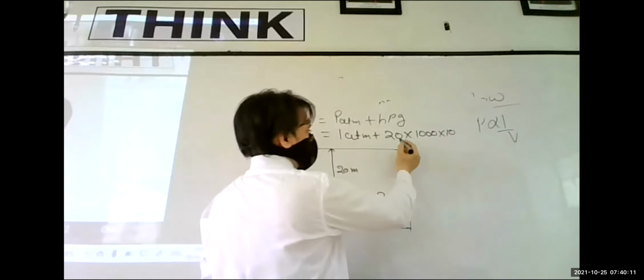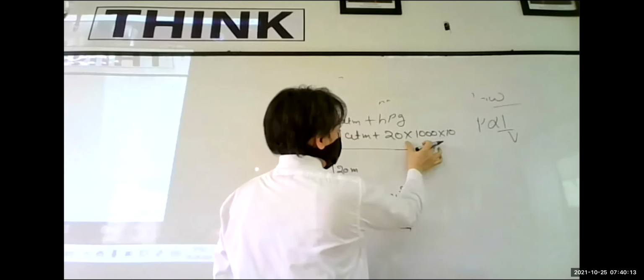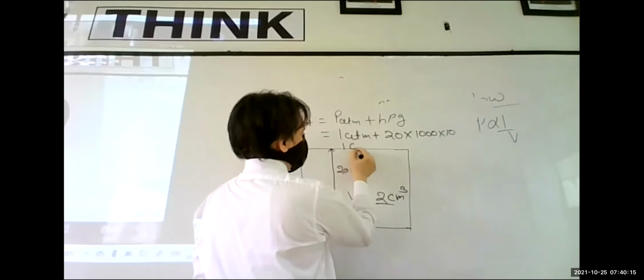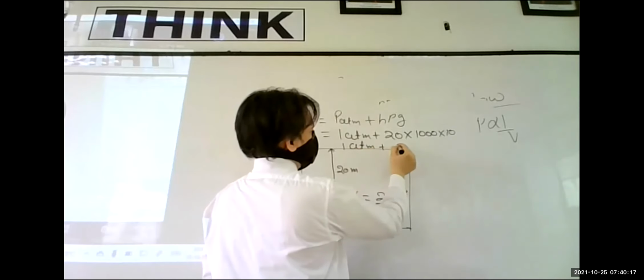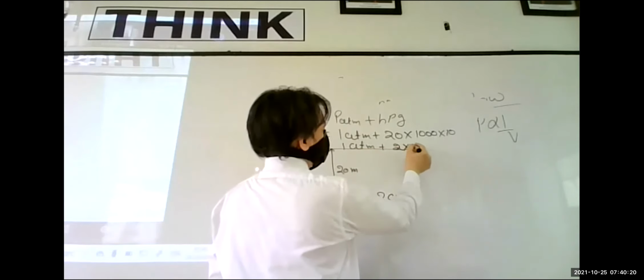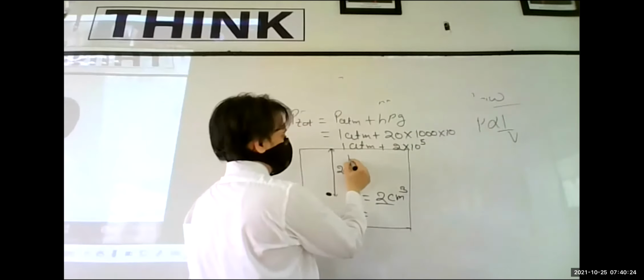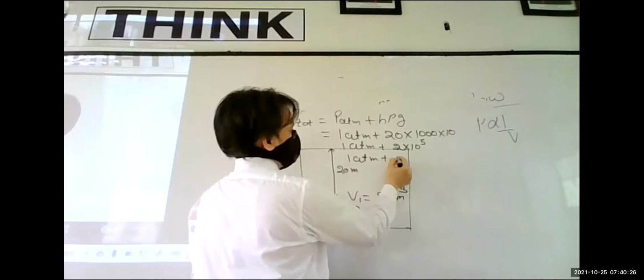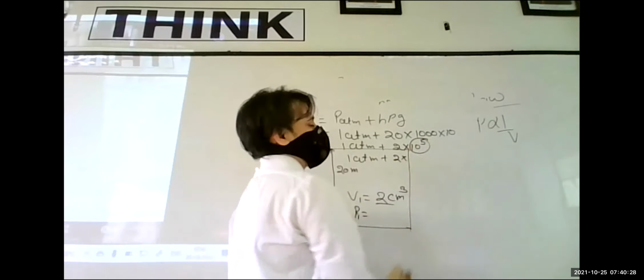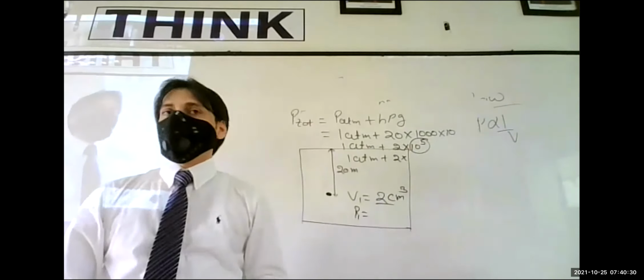If you multiply, remember this value is in Pascal, so I can write 1 atm plus, if you multiply, you will get 2 times 10 to the power 5 Pascal.